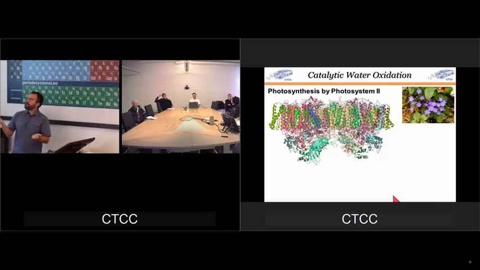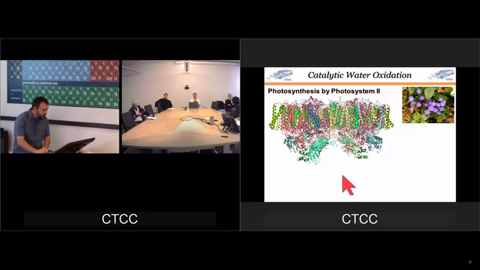Anyway, we have this reaction taking place all around us on a gigaton scale. Nature does this, plants do it, through photosynthesis in what is called photosystem 2, which is this wonderful molecule or system here. Not an easy one, not a simple one. It has a very complicated structure and function, as you can see.